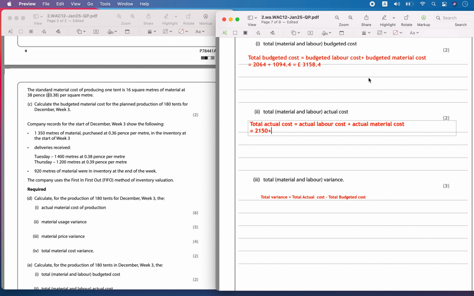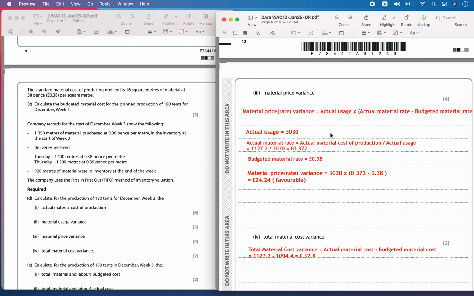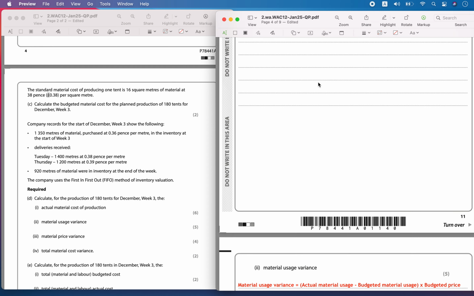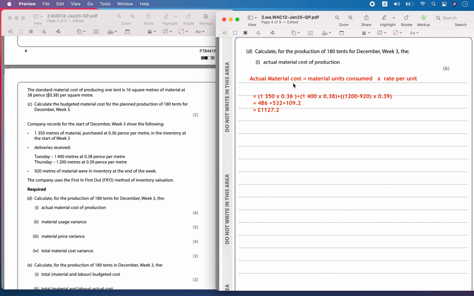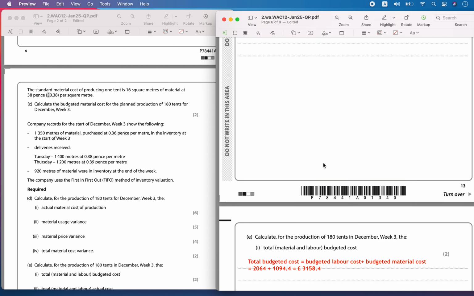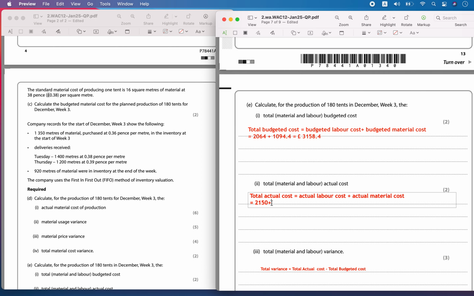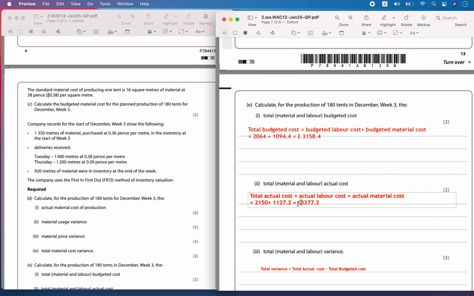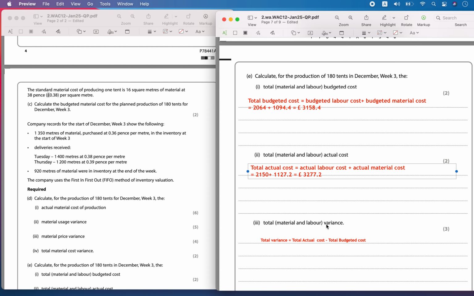Plus the actual material cost that was incurred, which was 1127.2. So that is equal to 3277.2. That was the actual total cost, which includes the labor cost and the material cost.